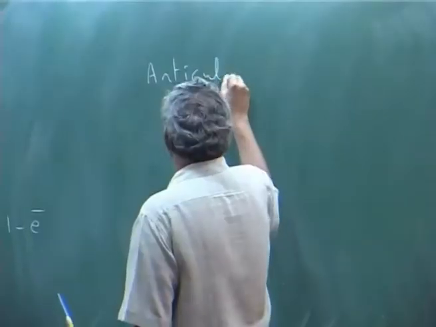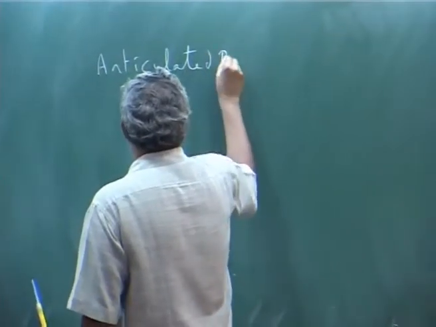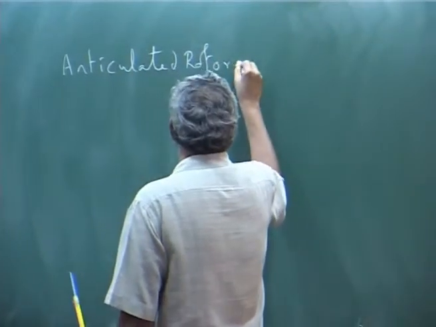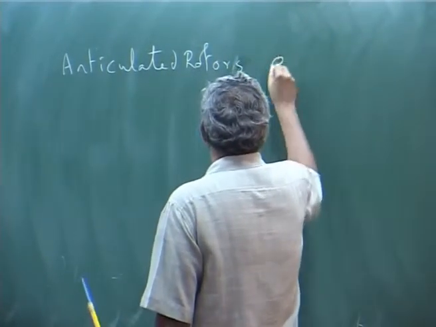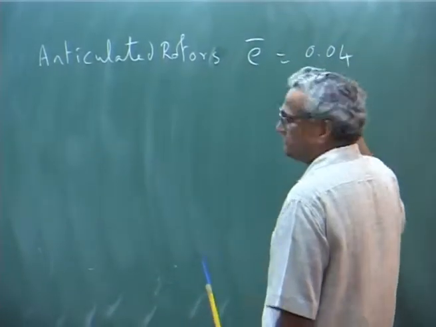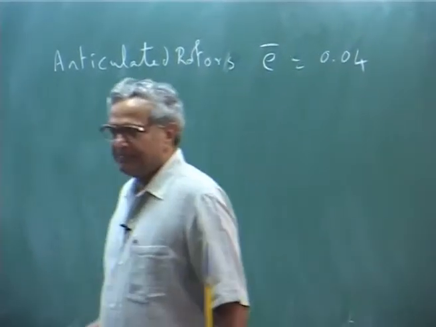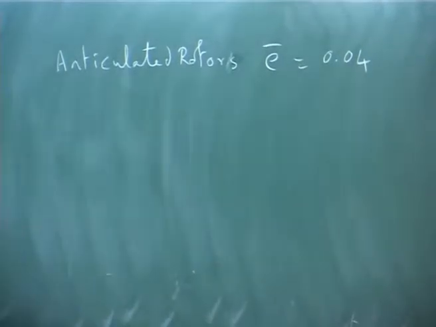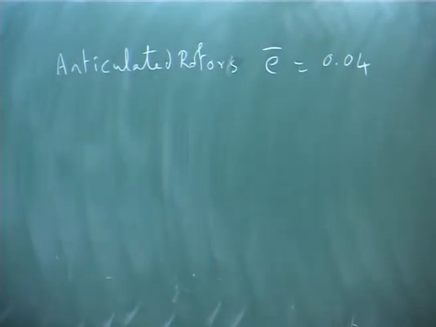It is always so for articulated rotors. You can have E bar of the order of 0.04, something like that, around that range.